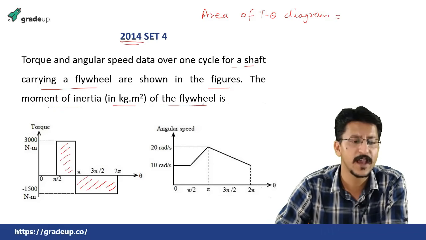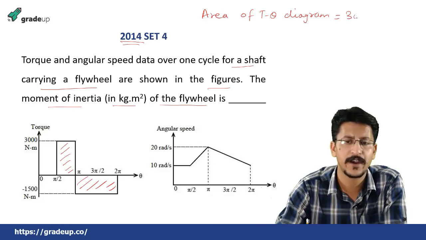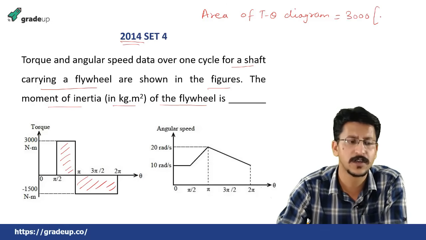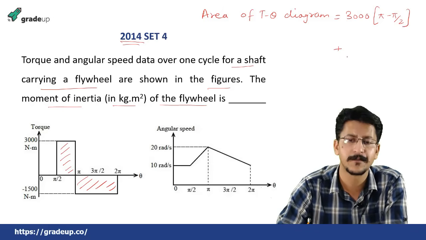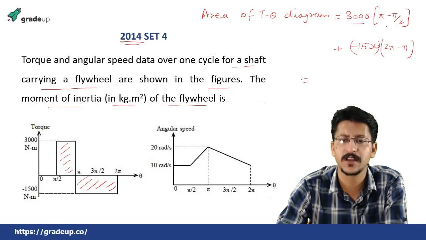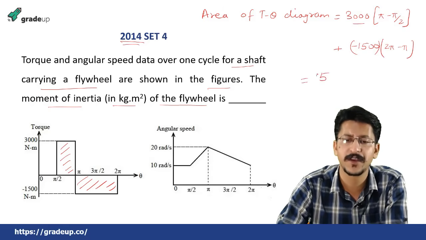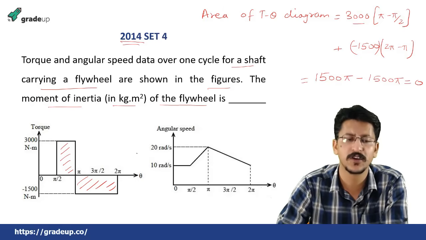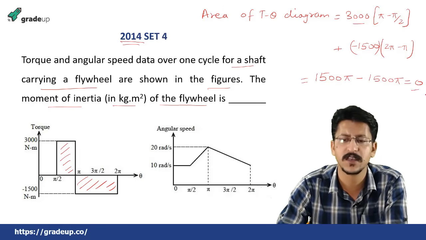So this first area is 3000 into pi minus pi by 2, plus minus 1500 into 2 pi minus pi. So this is equal to 3000 into pi by 2, that is 1500 pi minus 1500 pi. So this is equal to 0 because this is above and this is below.